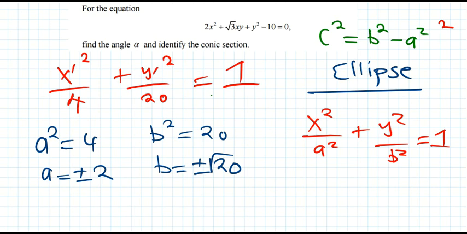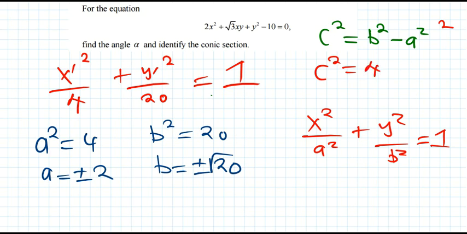So now at this point I hope you've written down the coordinates. My b squared is 20, our a squared is 4. So our c squared becomes 16. So our c, therefore, is plus or minus root of 16, which is 4.